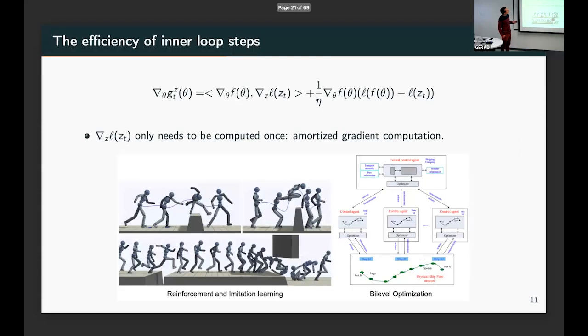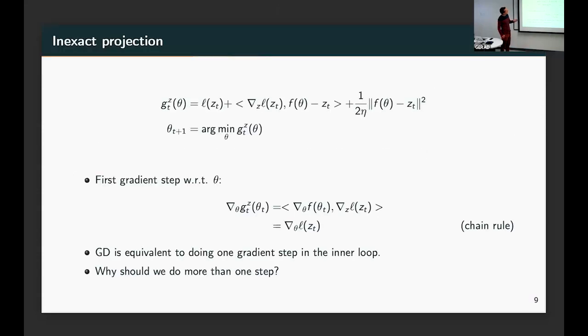If you go back to this, this is your tabular representation. Z is your policy. Z is literally the matrix of the conditional distributions of actions given state. The tabular setting is basically saying I'm in the case where theta equals Z, and f of theta is the identity matrix.